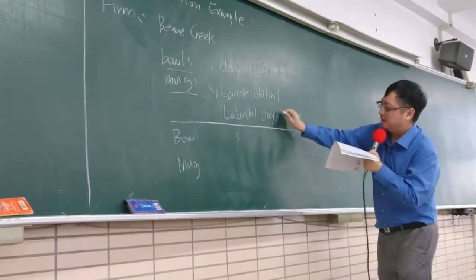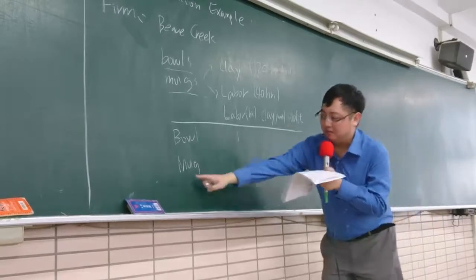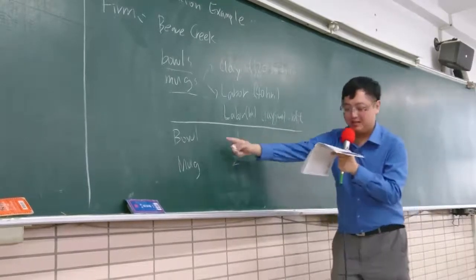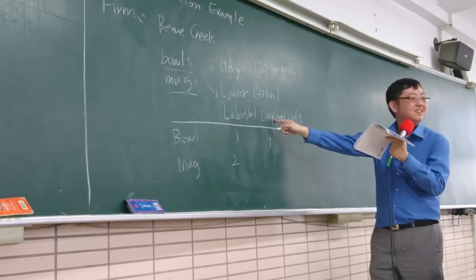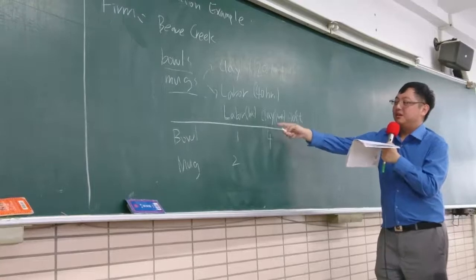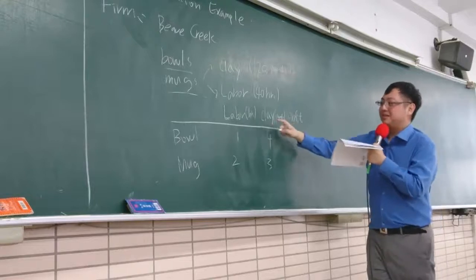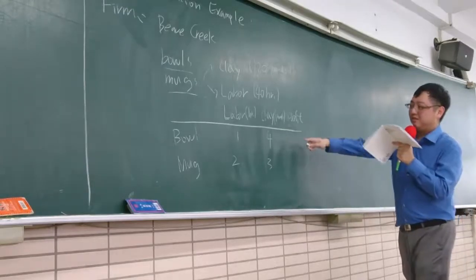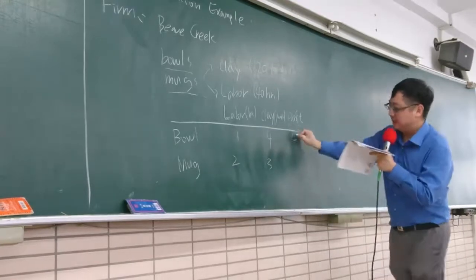This is a pound. 1 unit of mug will spend 2 hours. 1 unit of bowl will require 4 pounds of clay. 1 unit of mug, 1单位的马克杯 will require 需要 3 pounds of clay. 3英镑的。Final, the unit profit. Or if we produce 1 bowl, 1 unit of bowl, you can earn $40.